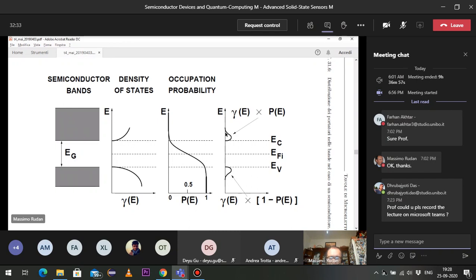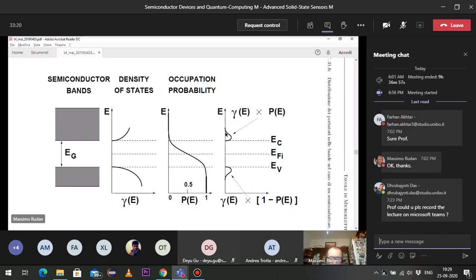That means that the concentration of holes of the valence band will also increase. So in a semiconductor, we have two populations that both increase when we increase temperature. And this type of increase is exponential because it is dominated by the Fermi statistics. And as you remember, in the Fermi statistics, temperature appears in the exponent, okay? So the increase in population of electrons and holes at the same time will be large.